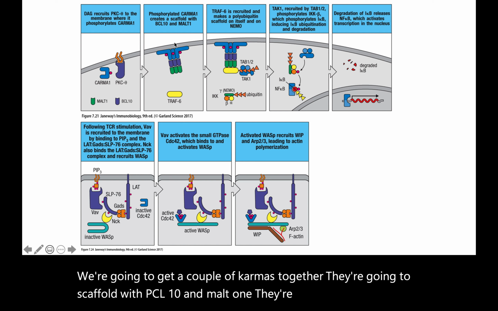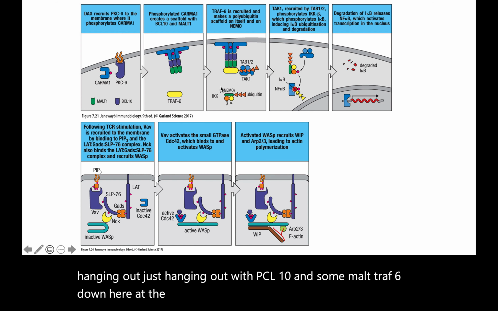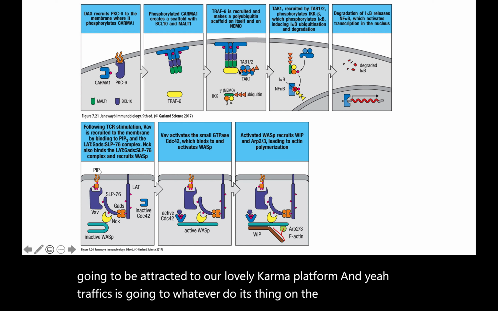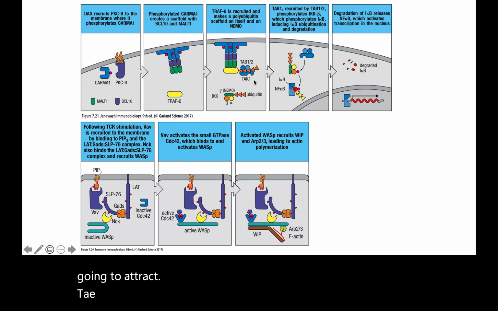So yeah, just hanging out with BCL10 and some MALT. TRAF6 down here at the bottom is going to be a ubiquitin ligase. That's going to be attracted to our lovely CARMA platform. And TRAF6 is going to do its thing on the CARMA platform, which means it's going to make a polyubiquitin chain, which is going to attract TAK1, and there's TAB1 and 2 associated, but TAK1, that's the important bit.